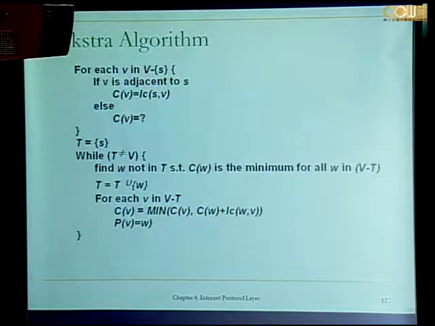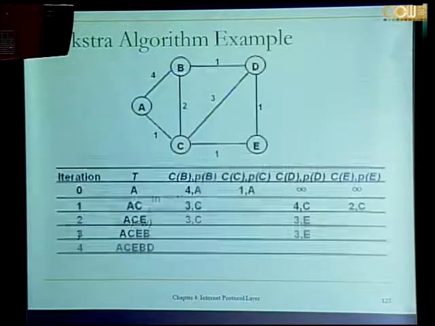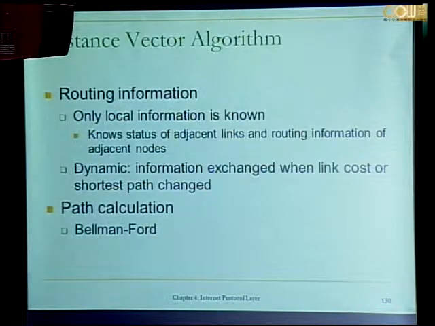In each iteration, we first mark the one which is not marked but has the smallest label. Once we mark it, we try to relabel its neighbors. Okay, so that's the Dijkstra algorithm, which is used in link state routing.